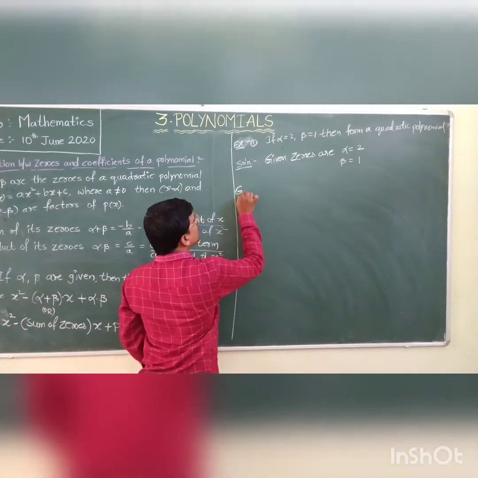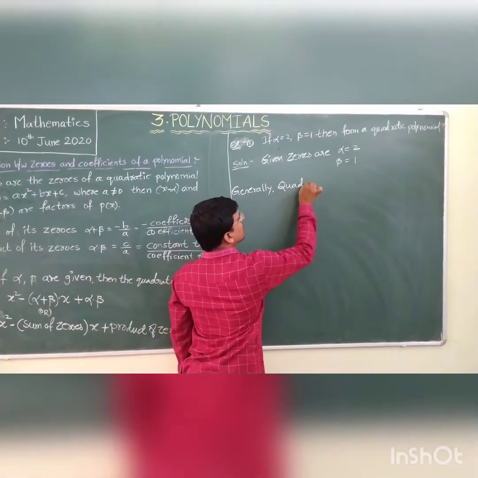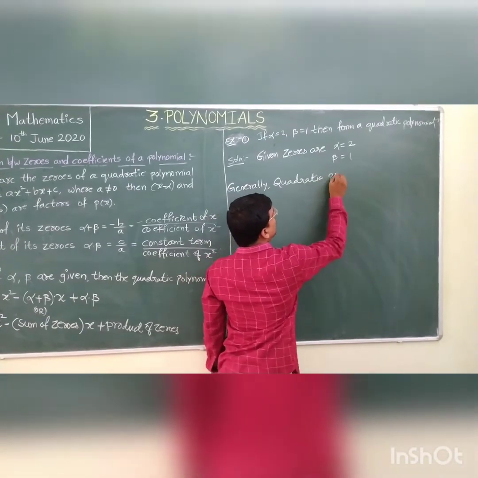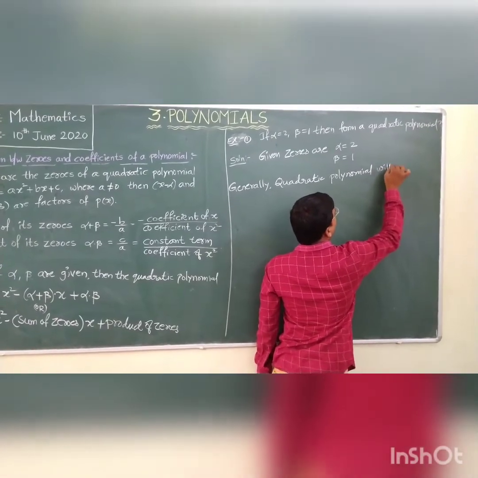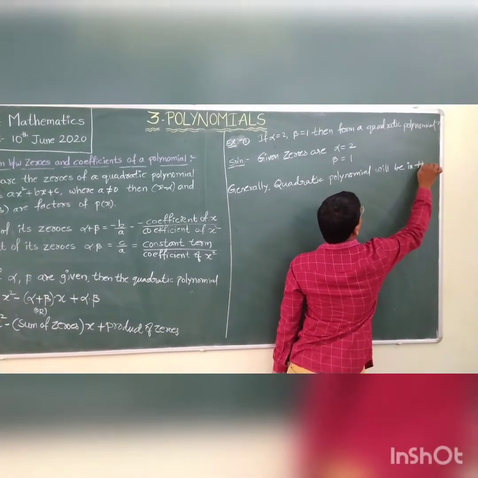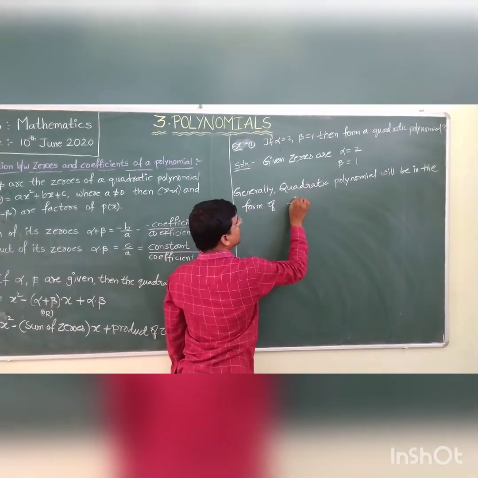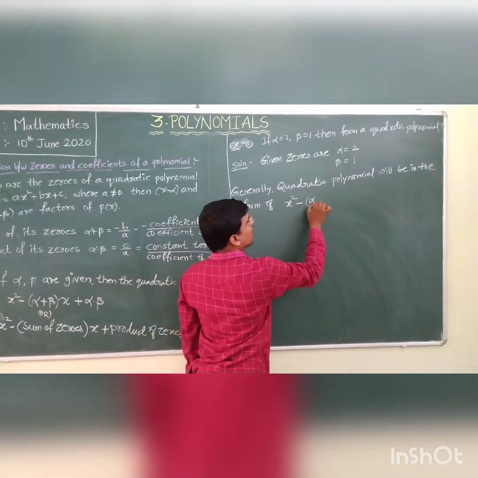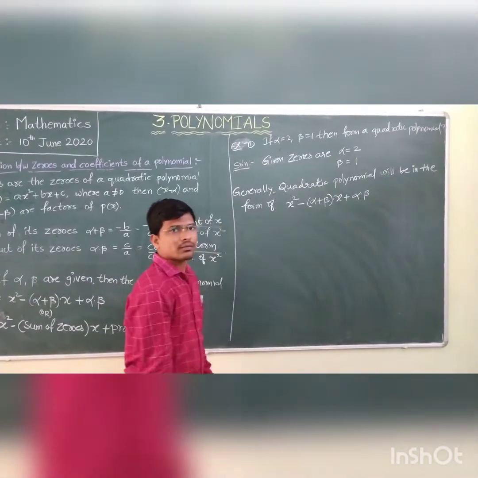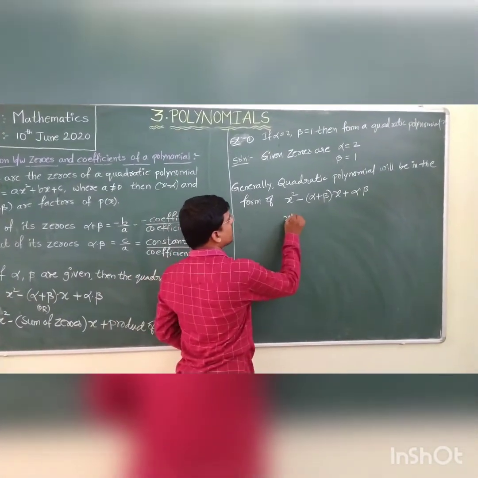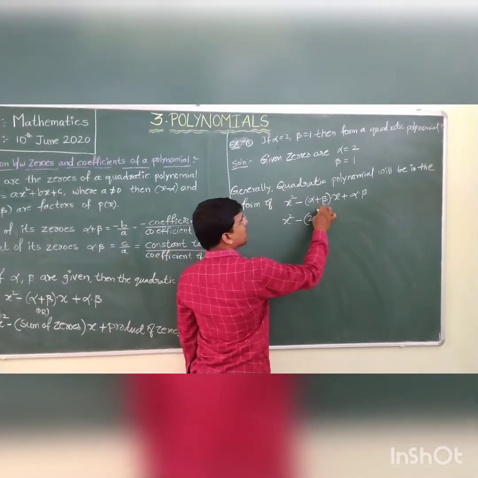So generally, the quadratic polynomial will be in the form of x square minus alpha plus beta into x plus alpha into beta. Just write x square and substitute the given values. What is alpha here? Alpha is 2, plus what is the beta value?